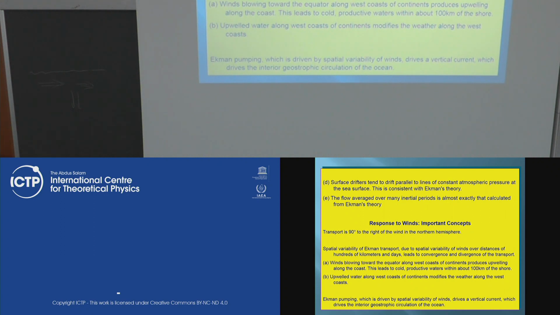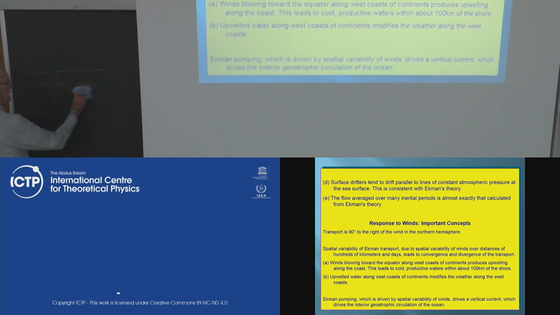So this is the vertical, the Ekman pumping. The Ekman pumping is simply a process which is due to the spatial variability of the wind field, and the pumping of water from the surface layer to deeper layers, which is the opposite process of the Ekman suction.